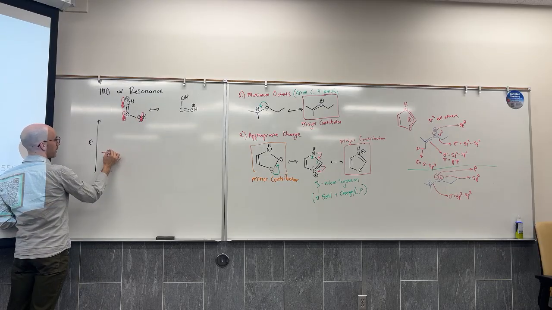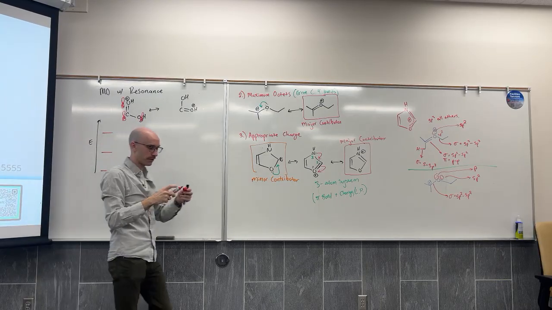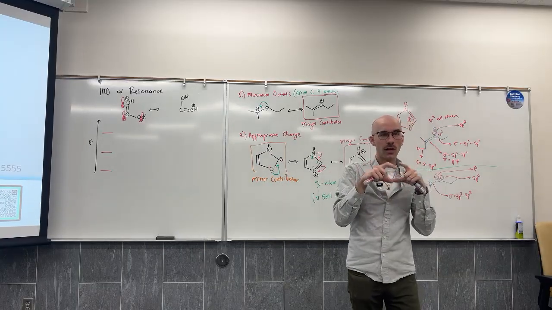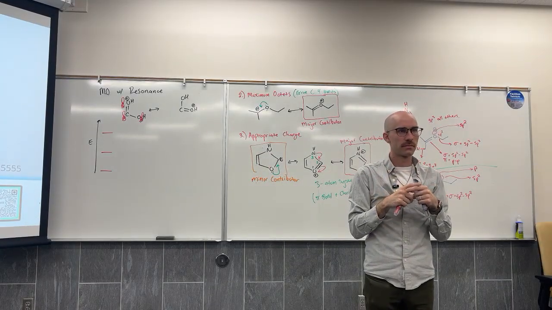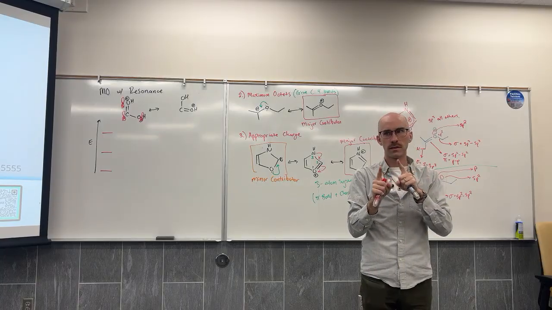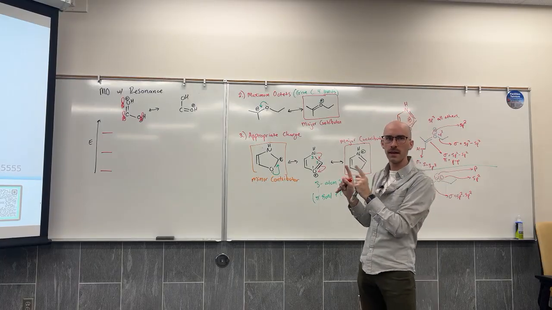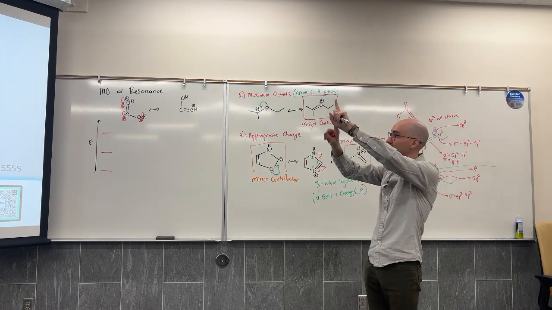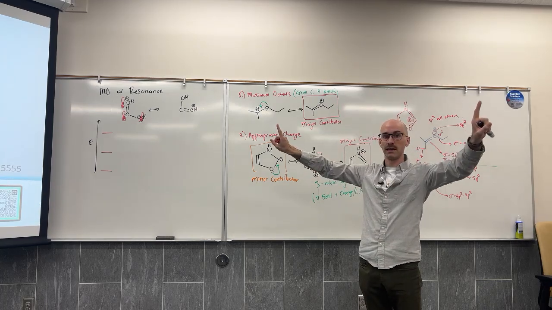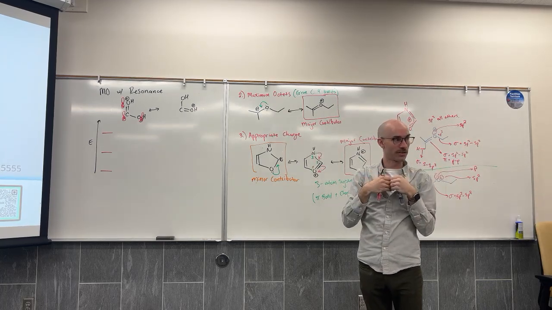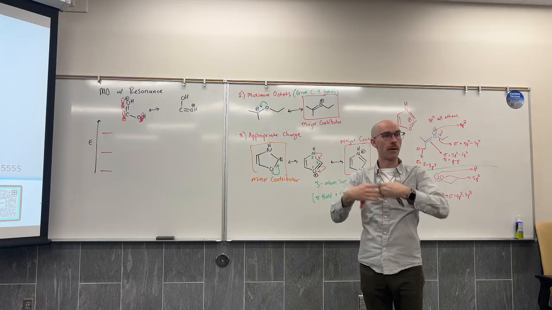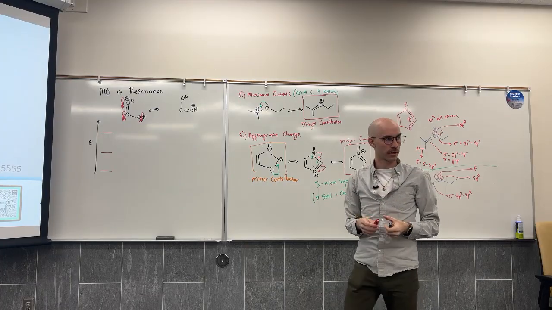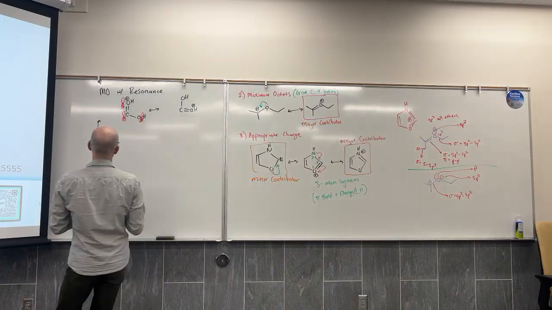So MO theory will take those orbitals, and rather than giving you localized bonding, a double bond between these 2 atoms, and then a double bond between these 2 atoms, MO theory will take that series of p orbitals and say, I can take 3 orbitals in and pump out 3 new orbitals with new characteristics spread across the molecule.